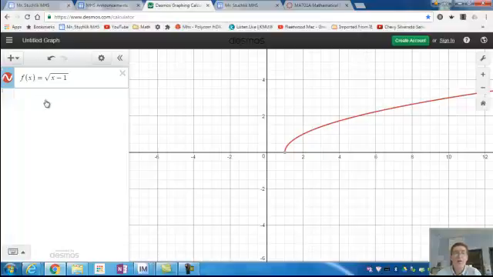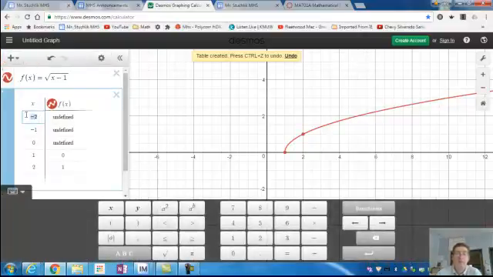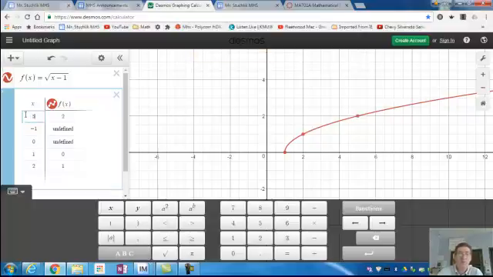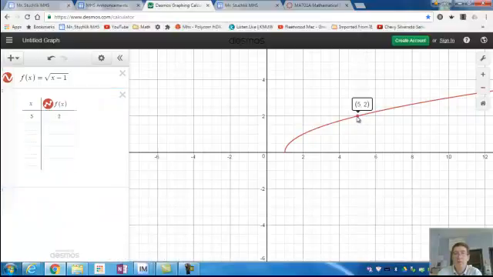You can actually plot points by doing tables, and then let's do all but that one. So here's the point 5, 2 right there.